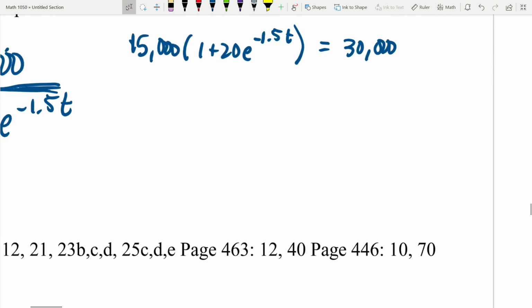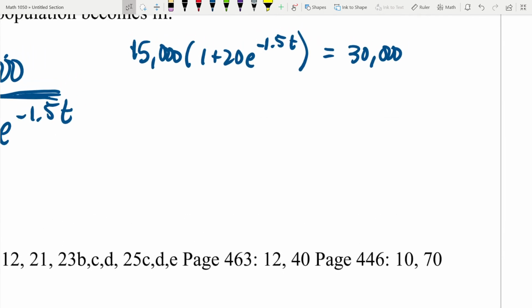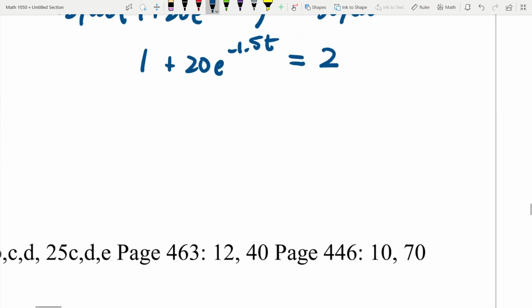Okay. Does anybody see what I can do to make the numbers way better right now? Yeah, it goes perfectly. So divide by 15,000. So you have 1 plus 20 e to the negative 1.5t is 30,000 divided by 15,000, which is 2. Okay, this is a good review from the quiz. Are we stuck? No. What do?